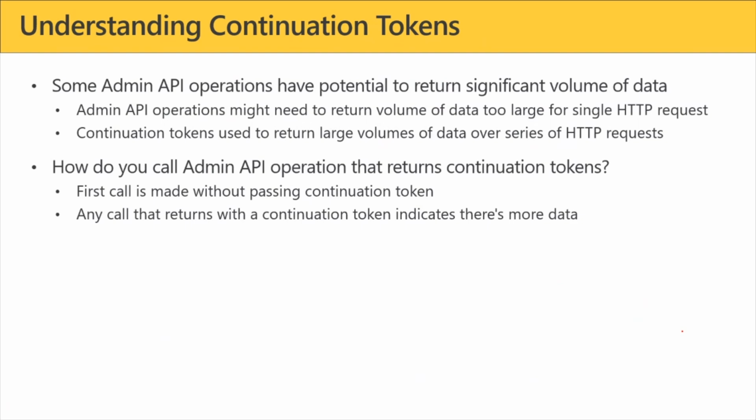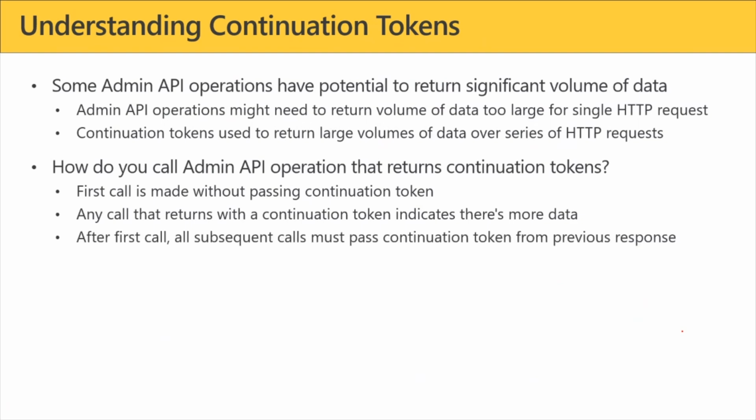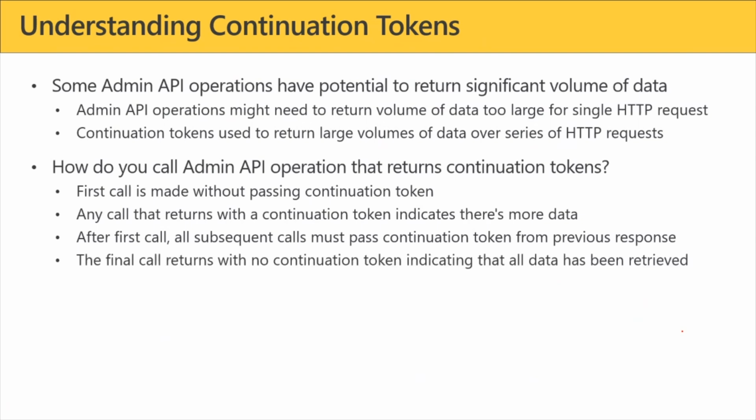So any call that returns a continuation token means you have to make more calls. And when you make the next call, you pass the continuation token that you got from the previous request. First call, get back a continuation token. Second call, get back a continuation token. Third call, no continuation token. That means we got all the data and the series of calls is over.